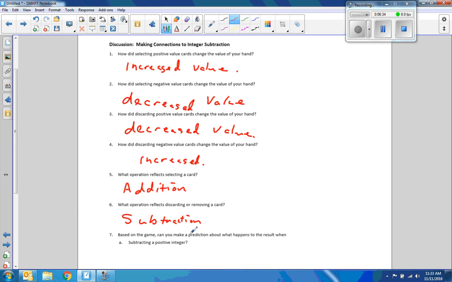Based on the game, can you make a prediction about what happens to the result when subtracting a positive integer? Okay, the hand value will decrease by that amount.